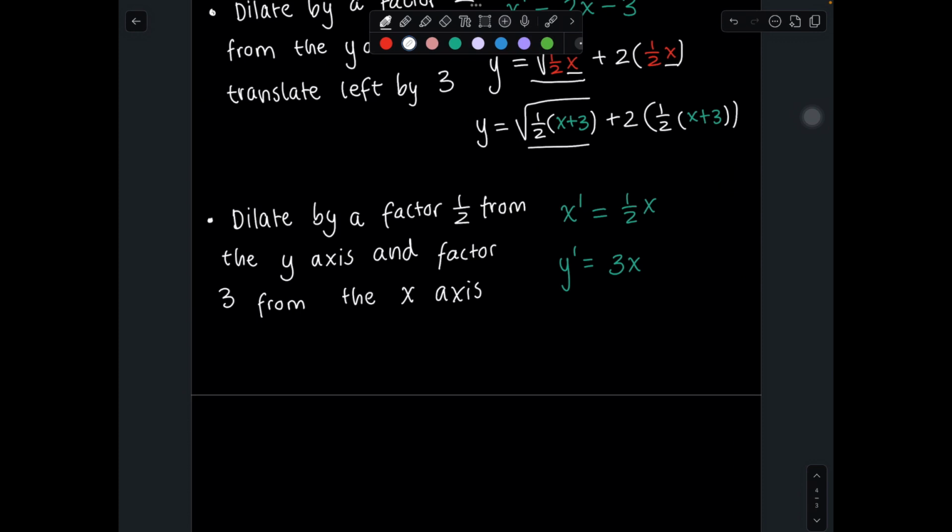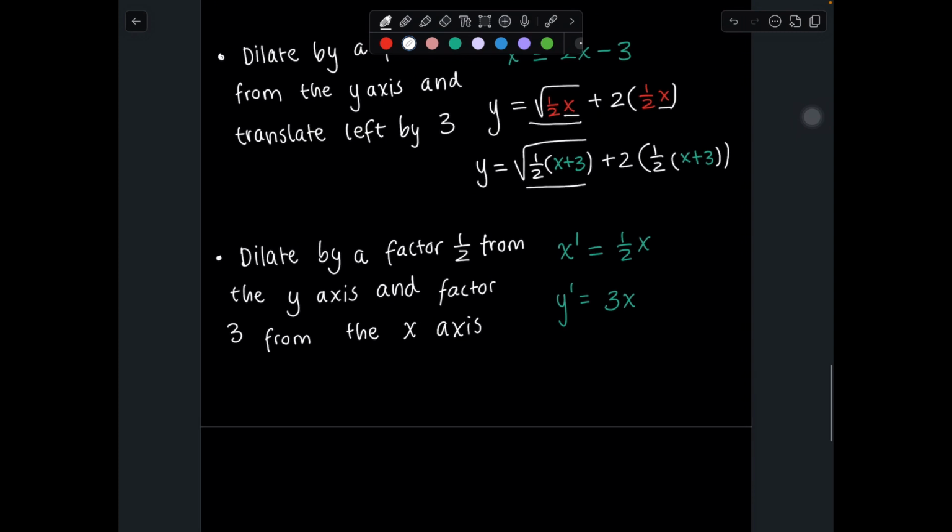Our last example here says dilate by a factor of a half from the y-axis and factor 3 from the x-axis. So dilating by a factor of a half from the y-axis means that you are compressing the graph horizontally, and to apply this, you replace every x value with 2x. So you get this.